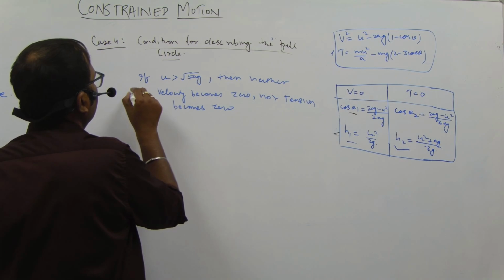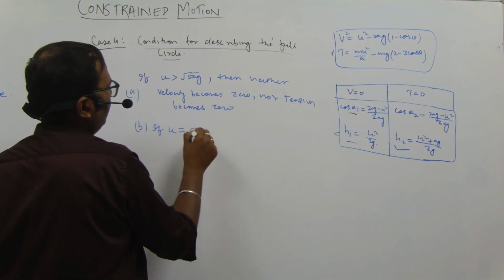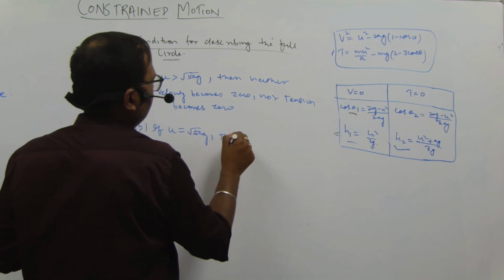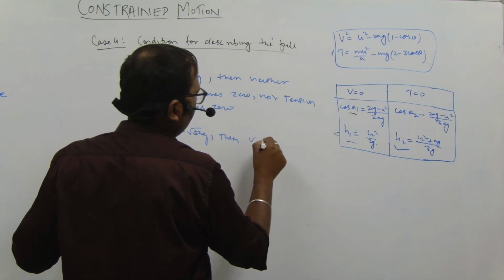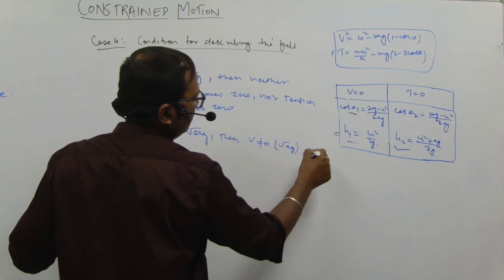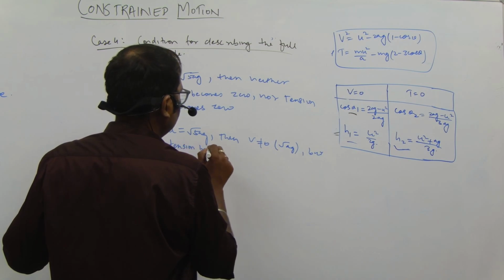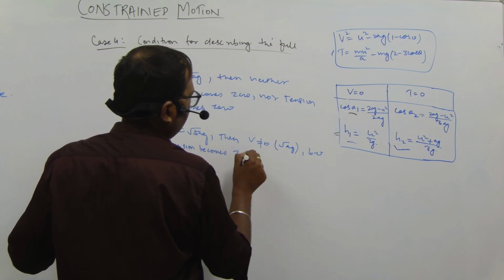If u is equal to root under 5ag, then v is not equal to 0, that is equal to root under ag, but tension becomes 0.